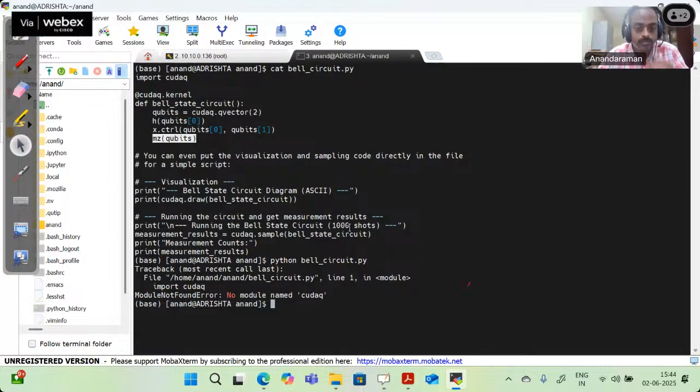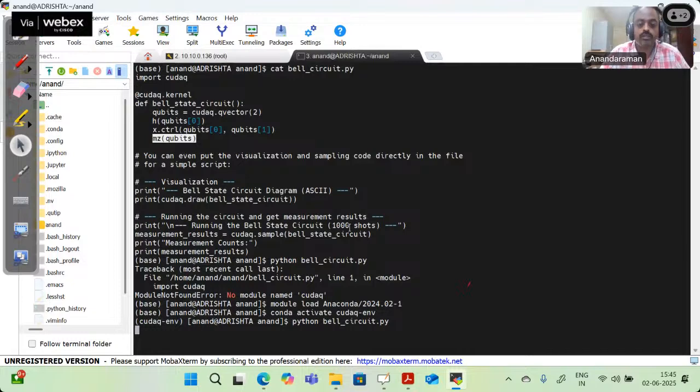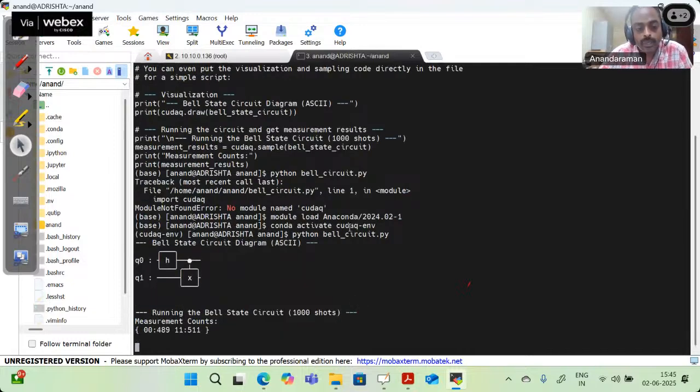I have to first load these things. Good. Environment is now activated. So 2 qubits are created, and the first qubit is assigned a Hadamard gate, so you will get a superposition state.